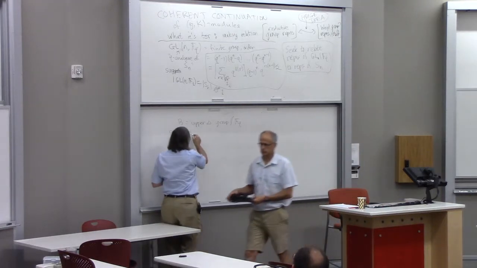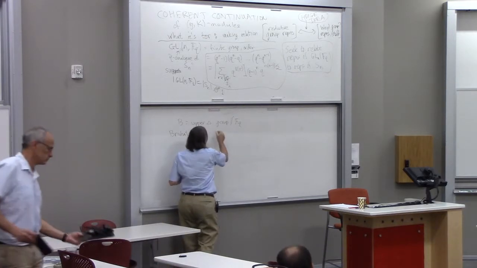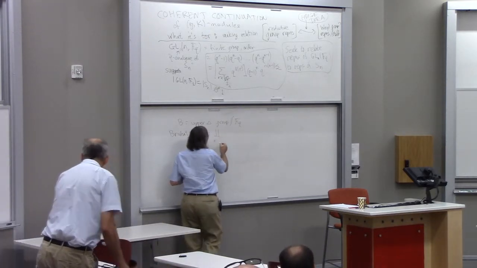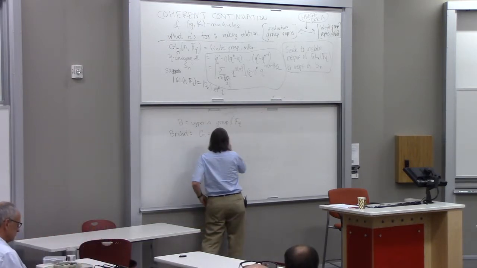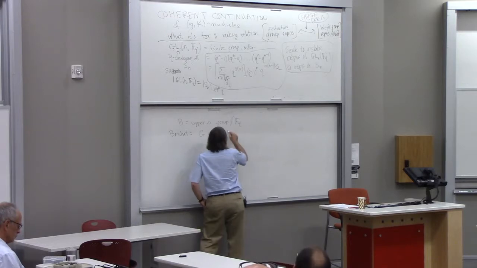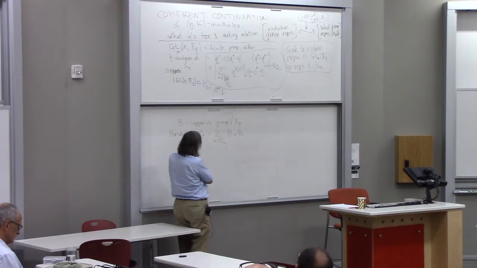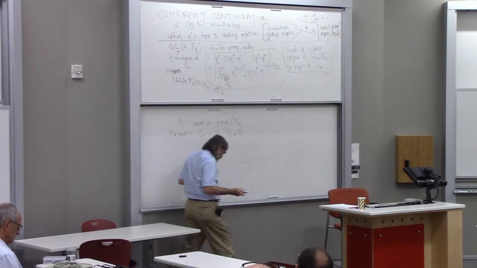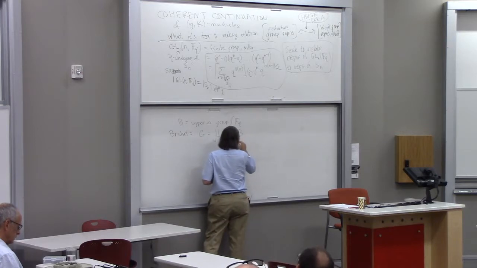Okay, the Bruhat decomposition says that G is the disjoint union over W of these double cosets, like this, and these come in as permutation matrices.